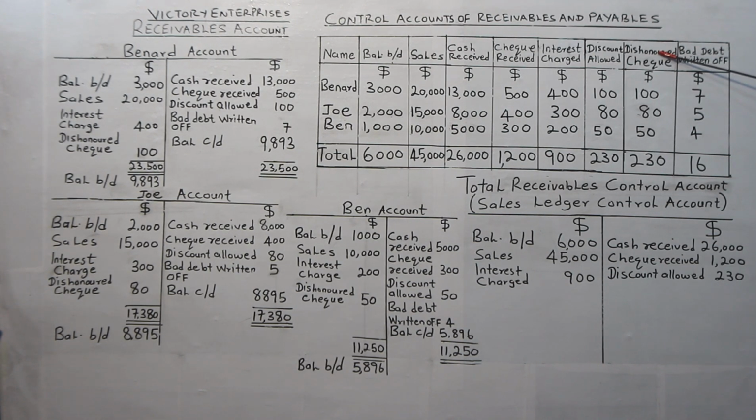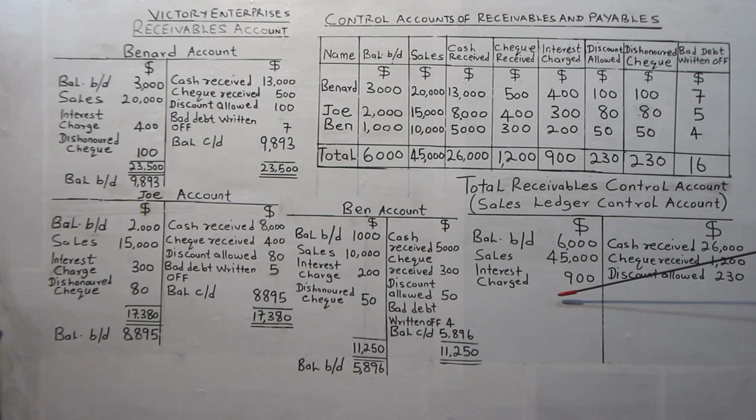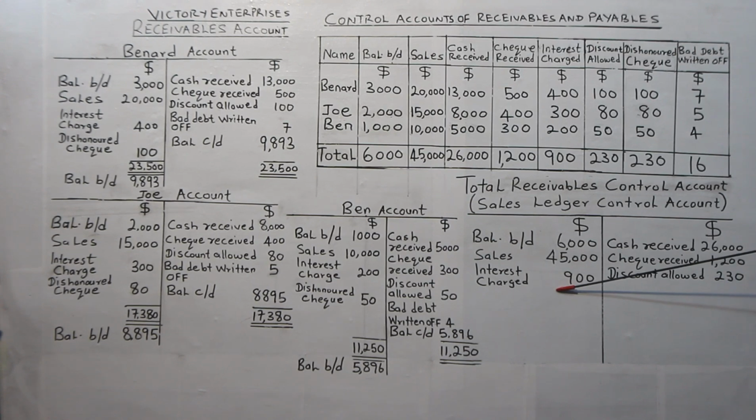Now the next thing we have is dishonored check, which is 230. When part of the checks or all of the checks is dishonored, what we do is to debit it to the total receivable control account, because it goes back to increase the amount they are owing, because a check has been previously received of $1,200.